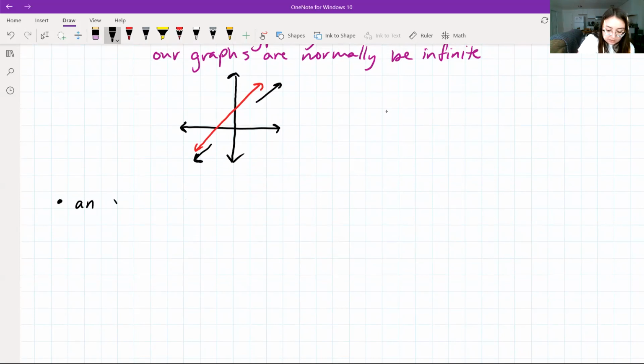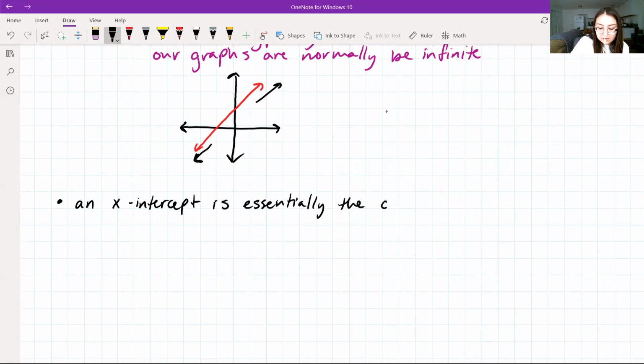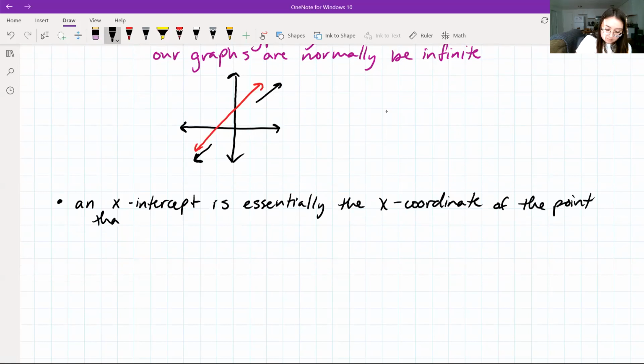So an x-intercept is essentially the x coordinate of the point of the graph that crosses the x-axis.